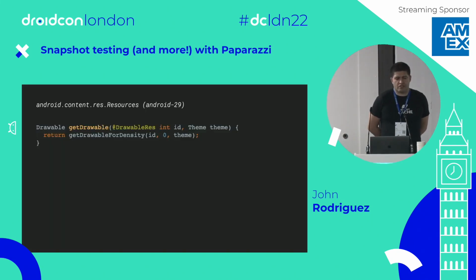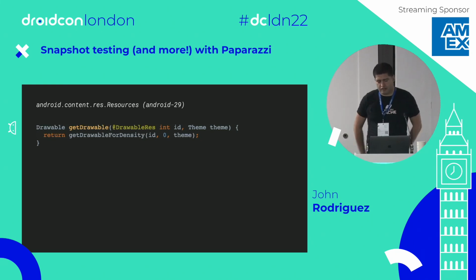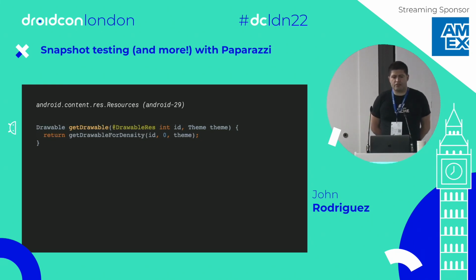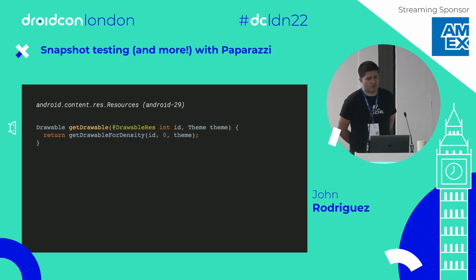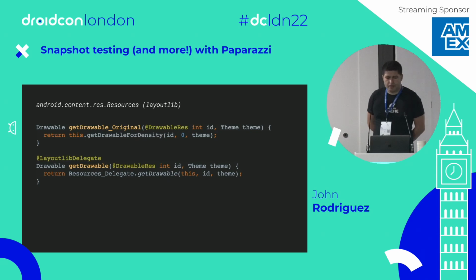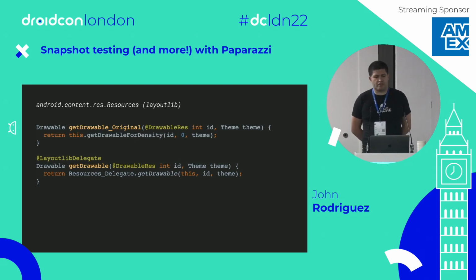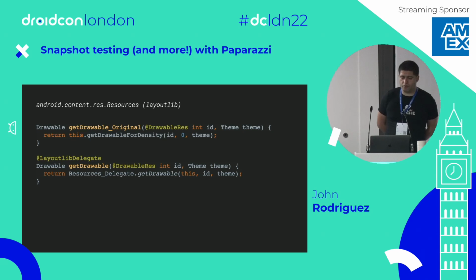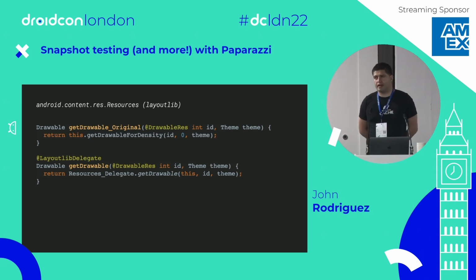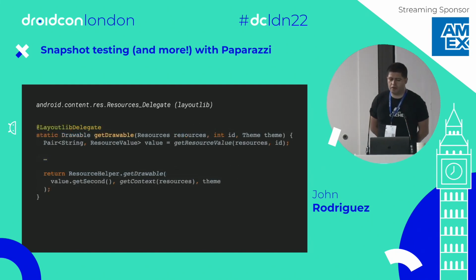What this does is, using some DSL configuration, the Android.jar, the framework jar, is actually bytecode processed, and certain methods are intercepted. For example, if we look at resources to get drawable in layout lib, every time you look up a drawable, it's intercepted by layout lib and routed to a delegate method that will have a completely different behavior than it would in an APK.